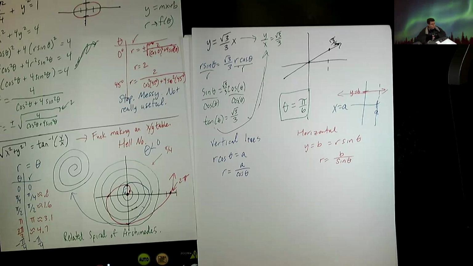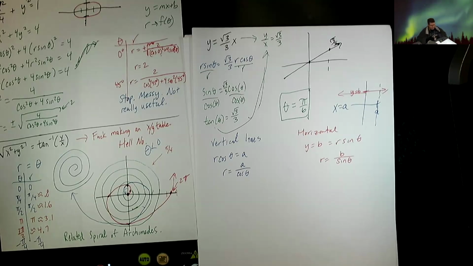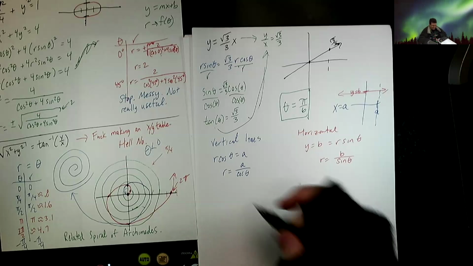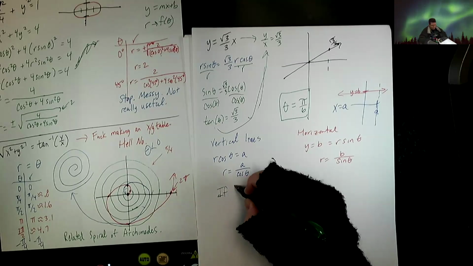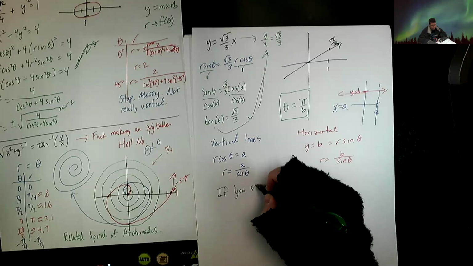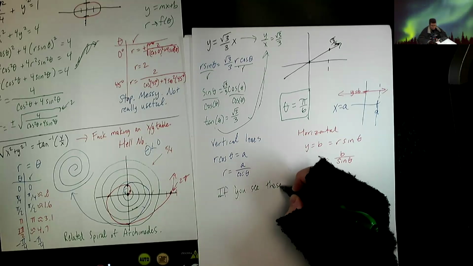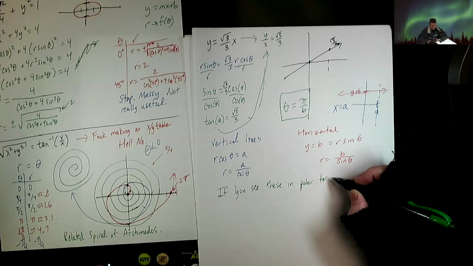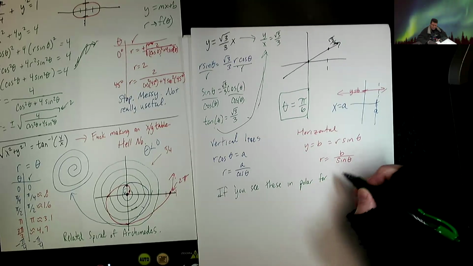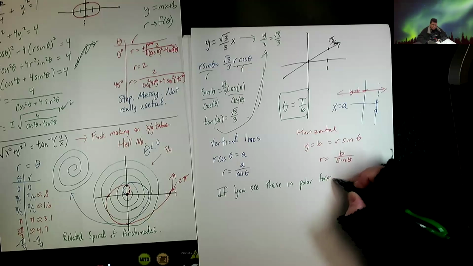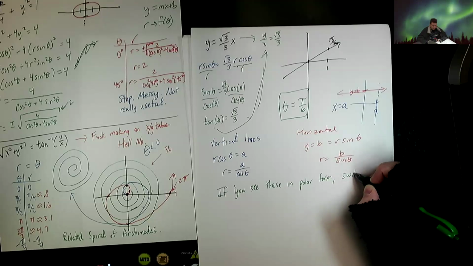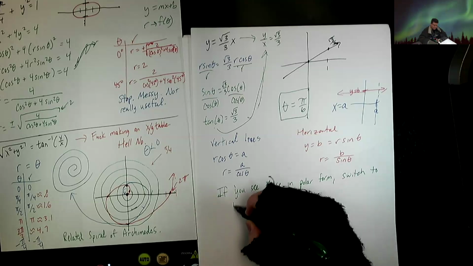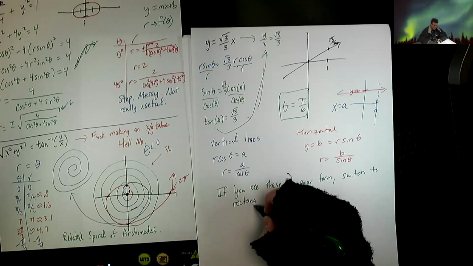The big reason I'm pointing these out to you is, if you see these in polar form, like a over cosine theta or b over sine theta, switch to rectangular to graph if you want to keep your sanity.